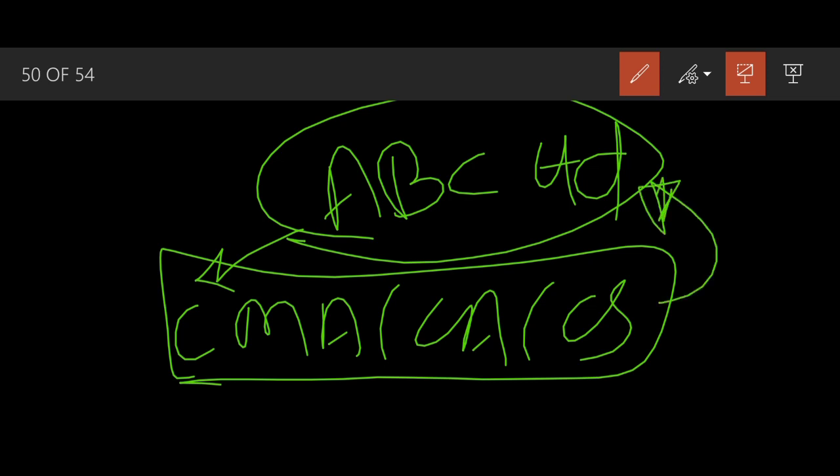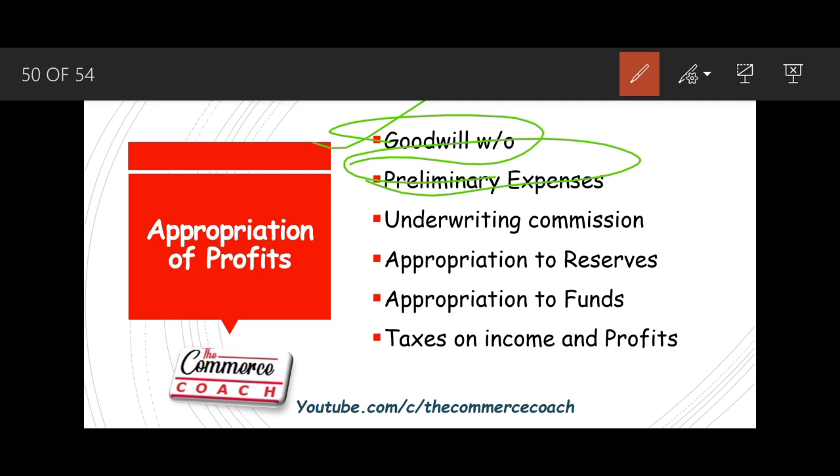These kinds of expenses are known as preliminary expenses that are incurred before the incorporation of the company. To write off such expenses, we use profits. So these also will not be recorded into cost sheet. We will also not be recording underwriting commission. Underwriting commission is a very important topic under company accounts.